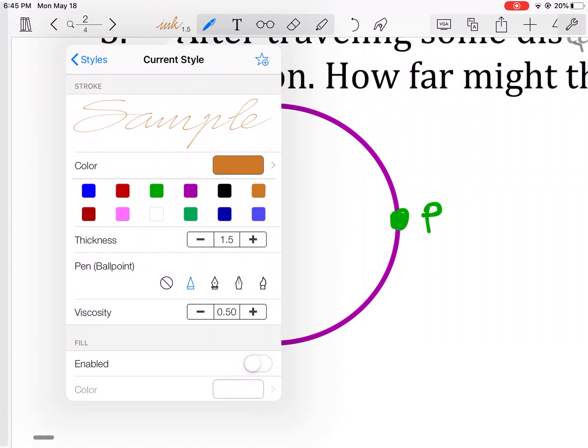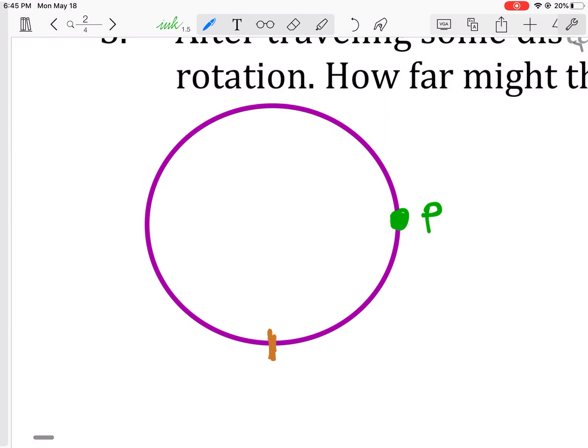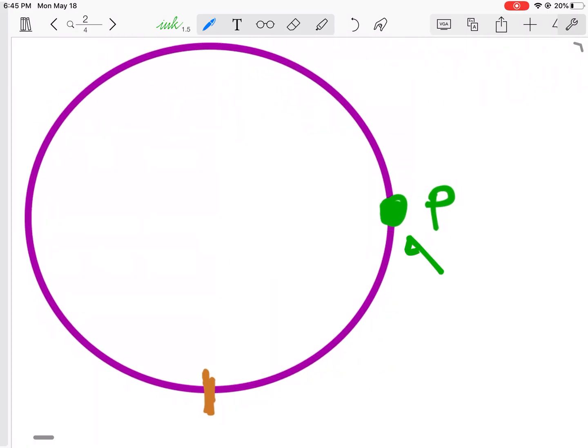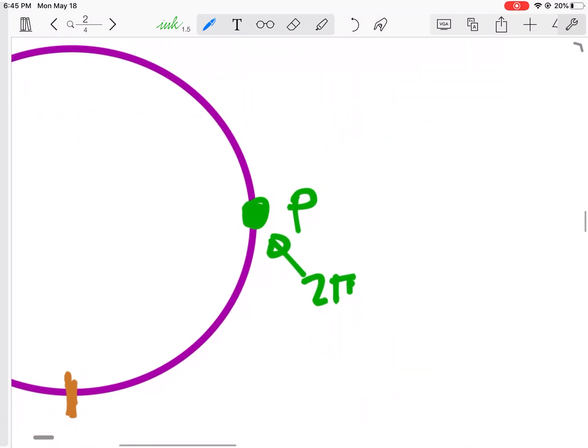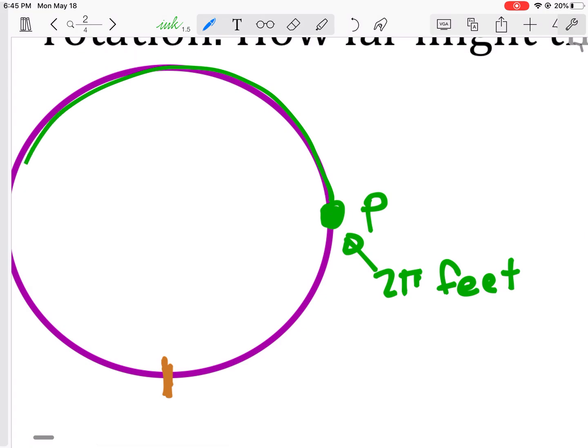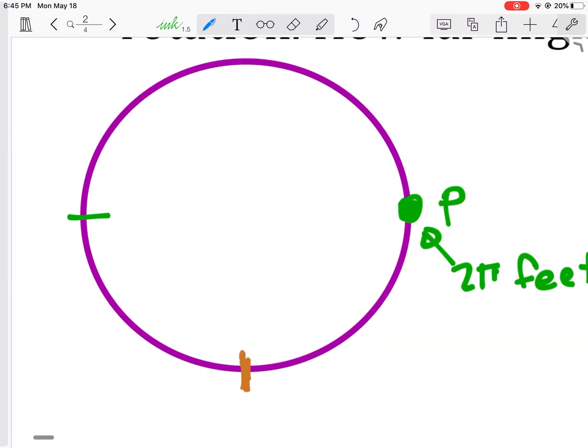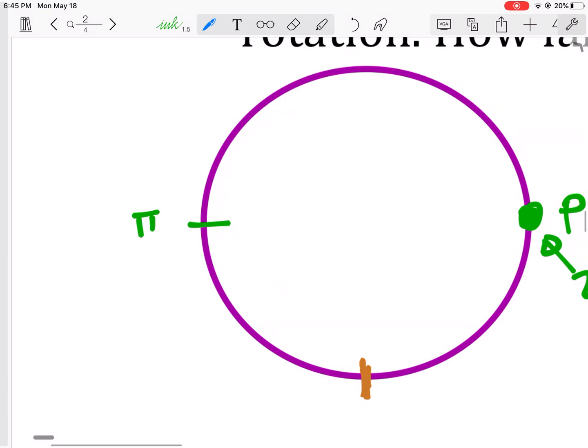What we do know is that all the way around, back to here, that would be 2 pi feet, if it went all the way around in one full rotation. We know that halfway around, that would have been pi feet, if it rotated halfway around.